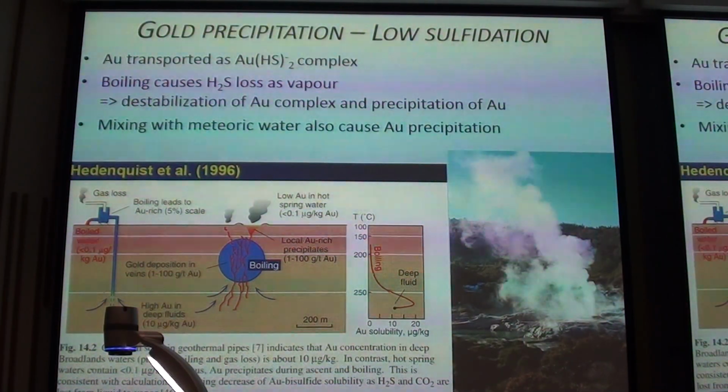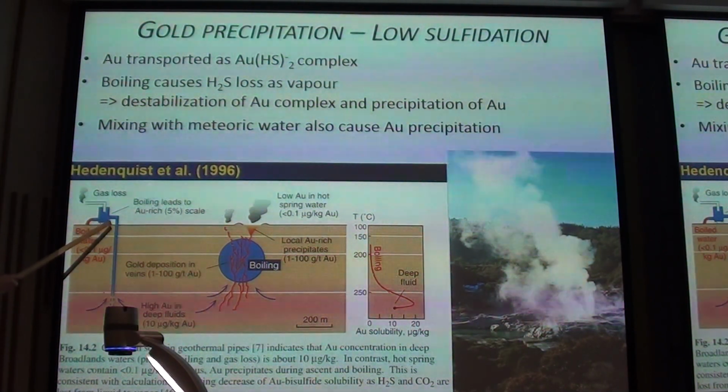And the processes are not too unlike what happens in low-sulfidation systems. Again, gold is transported as a disulfide complex. And again, this boiling causes the loss of H2S as vapor, which again destabilizes the gold complex and precipitates the gold. It's a famous case where in the geothermal power plants in the Taupo volcanic zone, they are removing hot fluids from the crust, which carry gold.